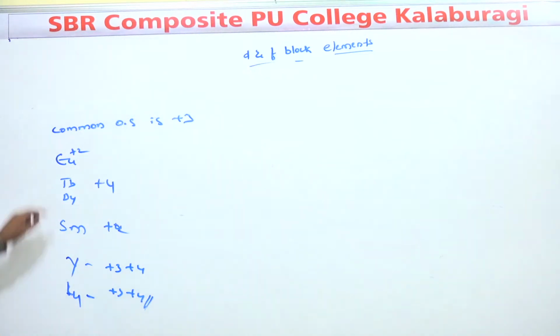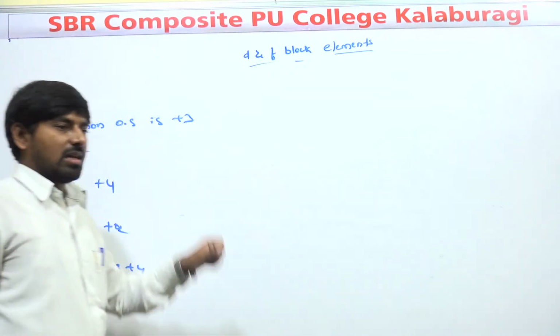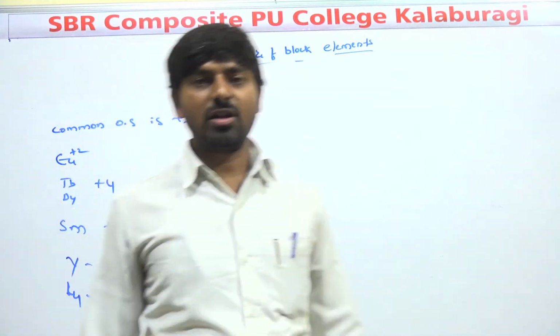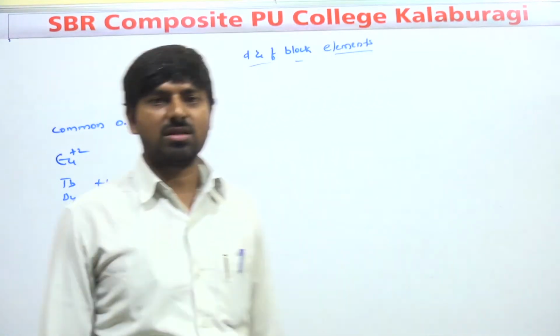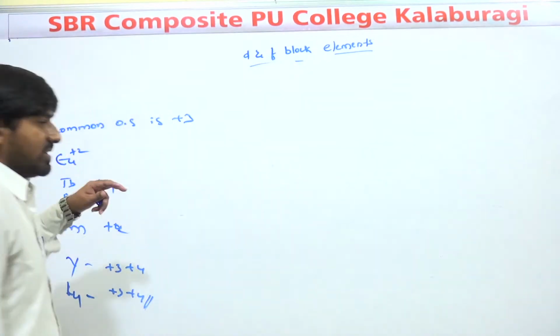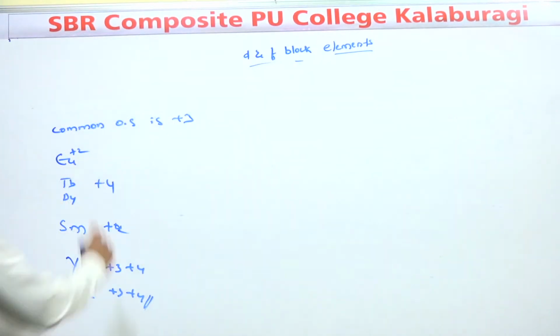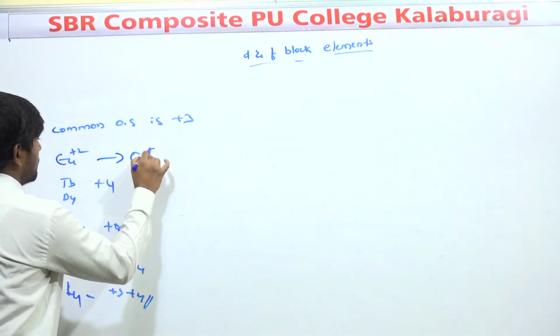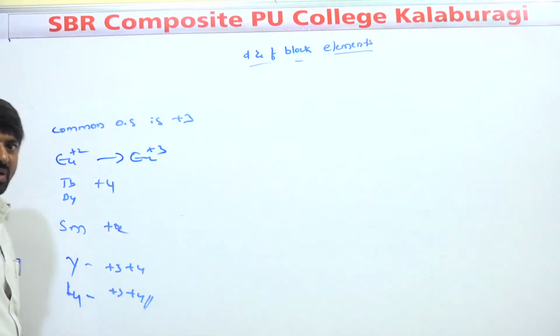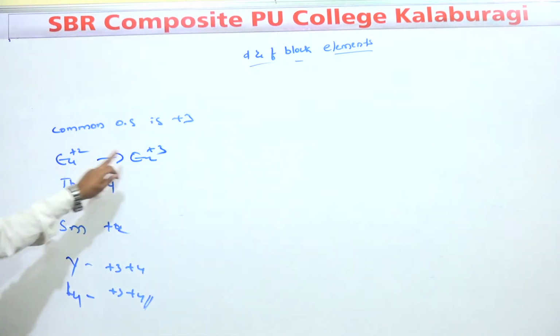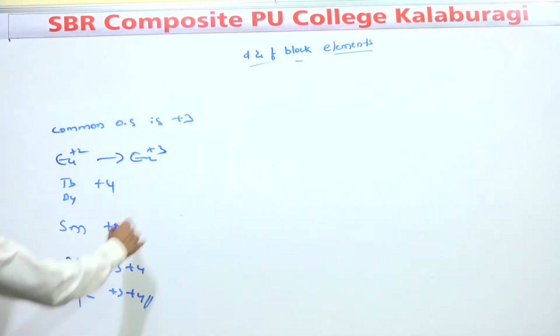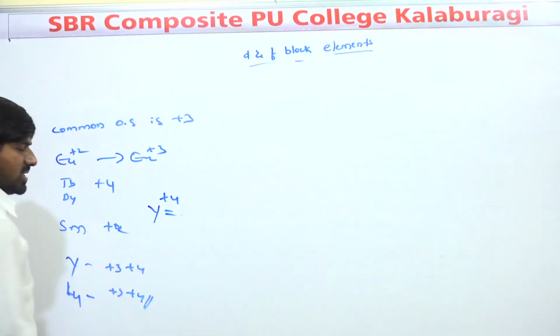Now see here, europium is in the +2 oxidation state. As I said, all the elements present in this block will feel more stable when they are in the +3 oxidation state. It means if the situation comes, this europium can lose one electron and convert into the +3 form, so it is going to act like a reducing agent. Right? Now, consider cerium with +4 oxidation state.